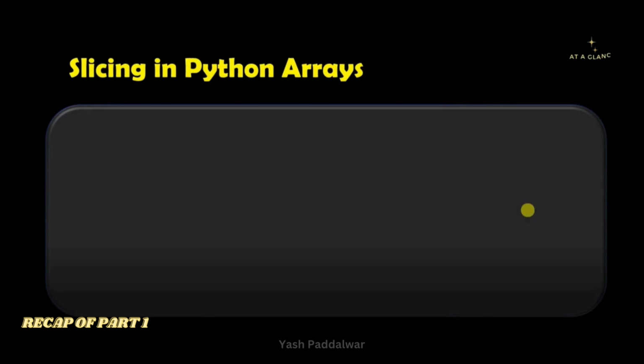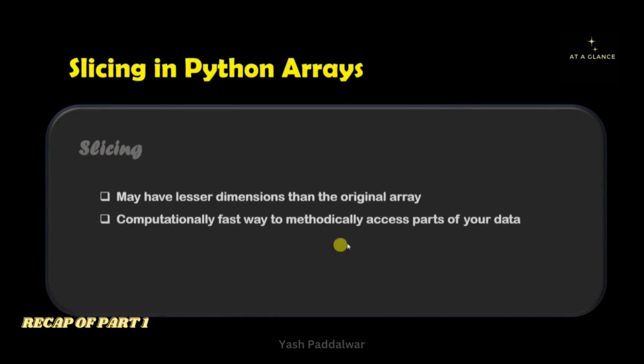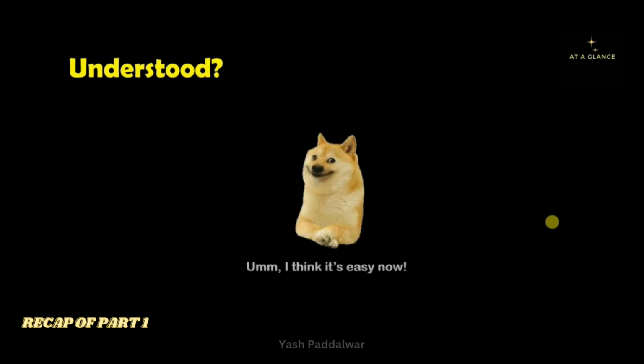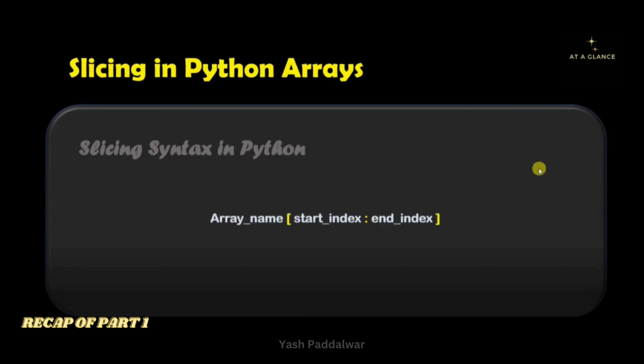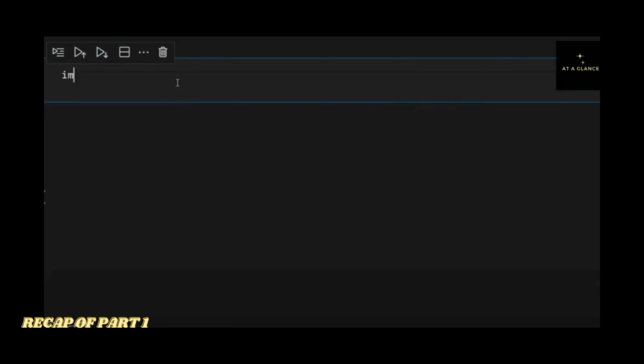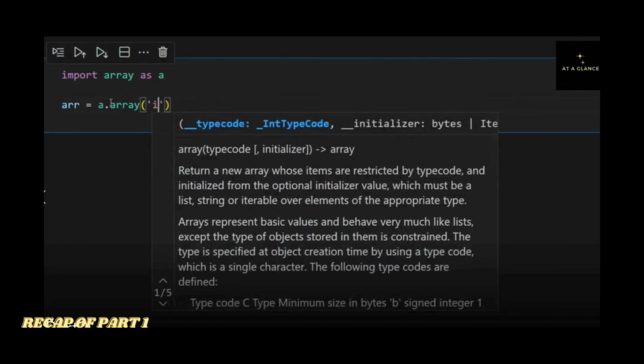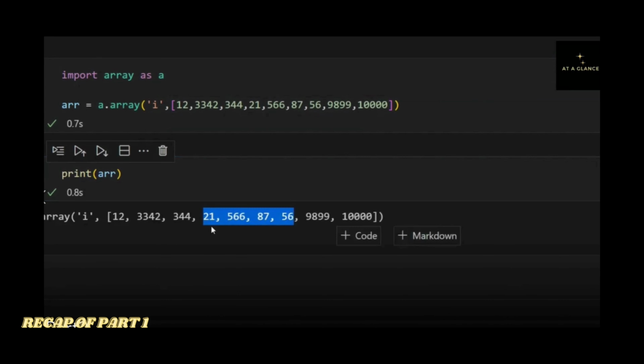Next, we have seen the detailed syntax of normal slicing in Python arrays. We also have seen certain key points that we have to keep in mind while slicing the arrays. We have seen that the start index is inclusive and the end index is exclusive. After that, we have seen the implementation of this.